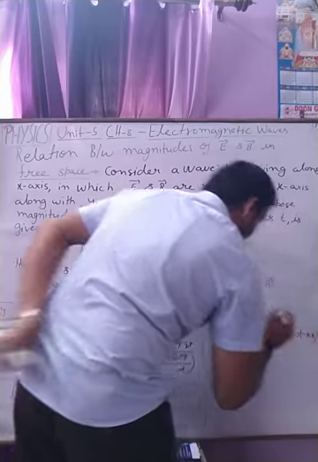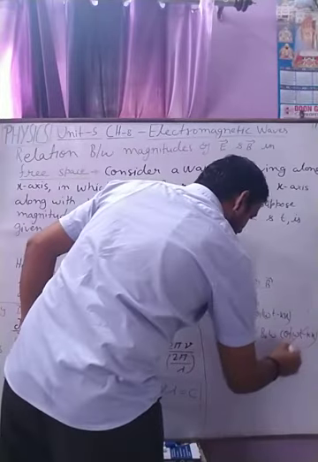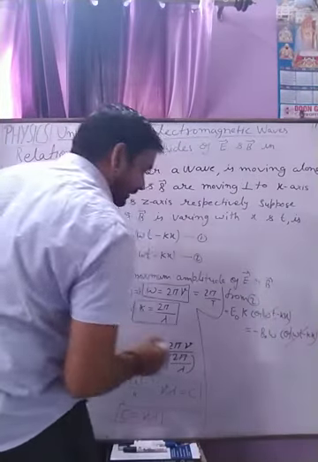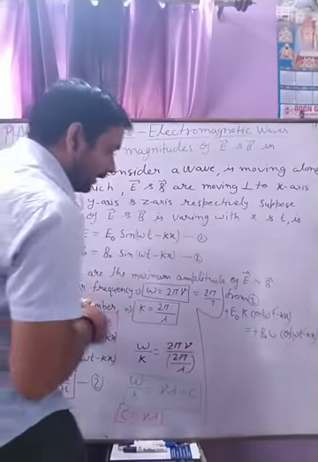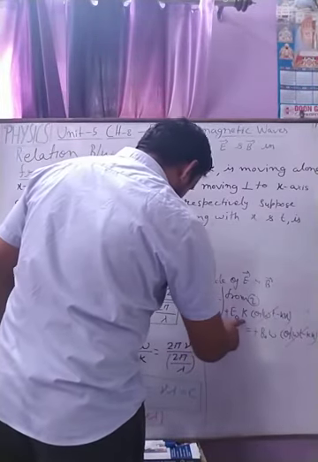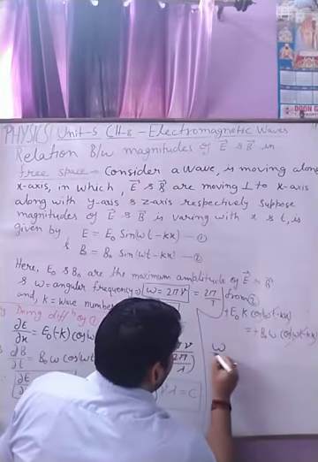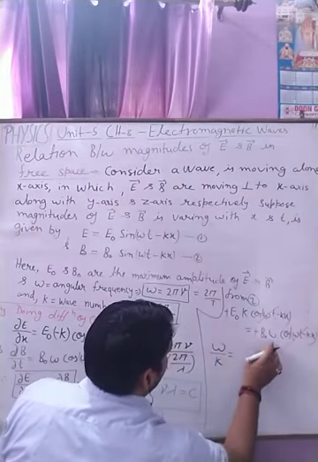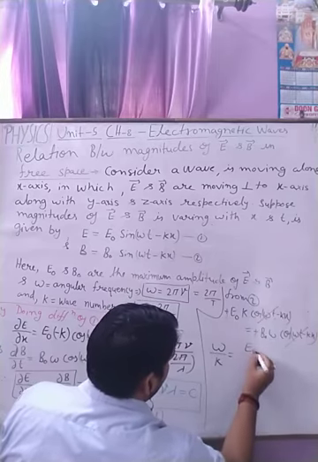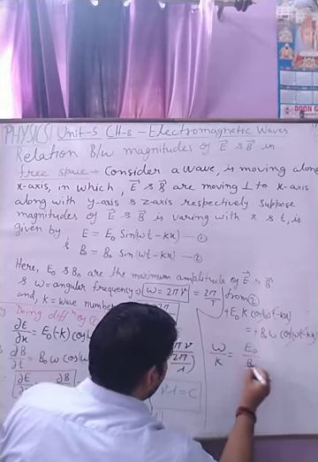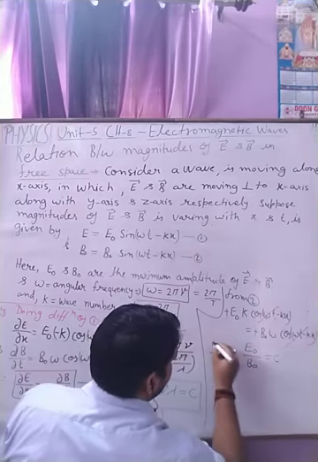So students, we calculate from here that cos omega t and cos omega t cancel, and the equation becomes positive, and we take from here the ratio of omega upon k, which we calculate that omega upon k is equal to E naught upon B naught, and we have omega upon k equal to c.